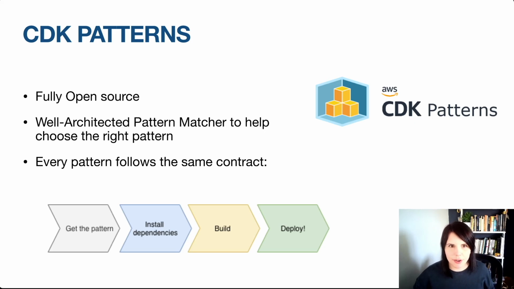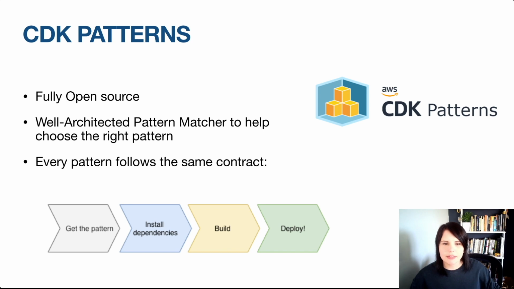So the second way of deploying React applications will be using CDK patterns. CDK patterns is an open source collection of AWS serverless architecture patterns, and it's built using CDK and it references AWS well-architected framework.